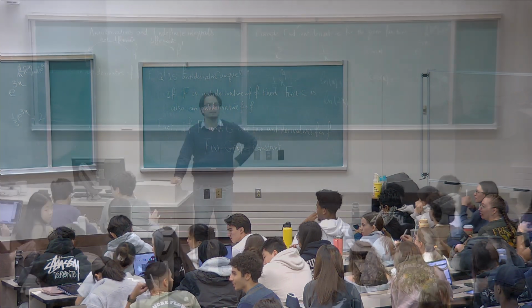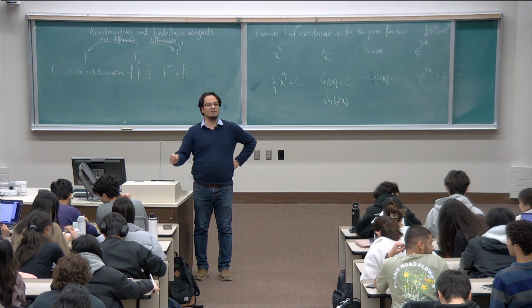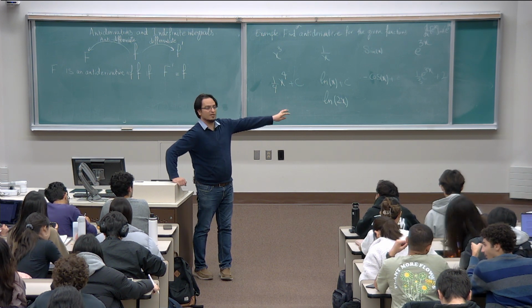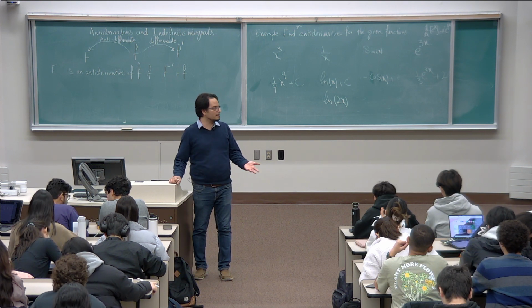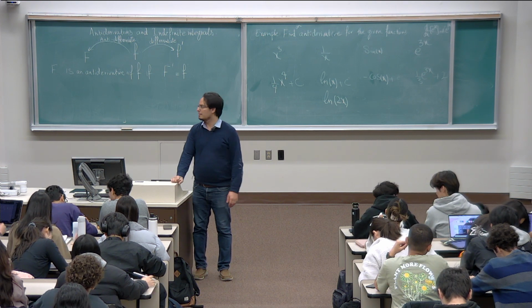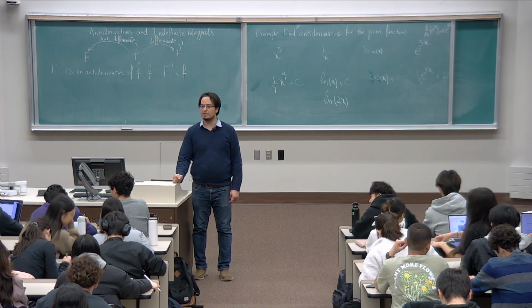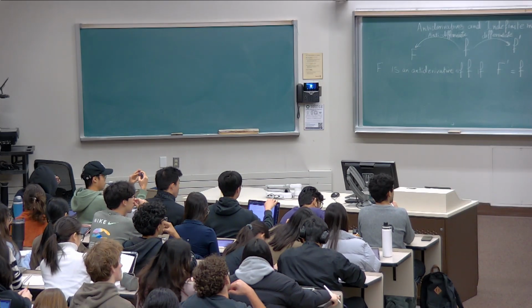Okay. Do I have any convincing argument that either that fact is wrong or this guy is wrong? Or maybe both of them are correct? Any suggestions? Oh, sorry. Thank you. Yes.